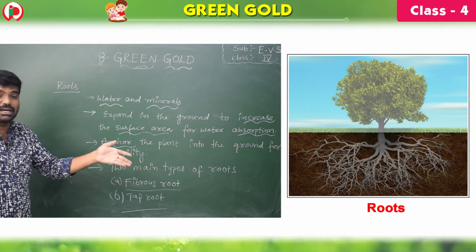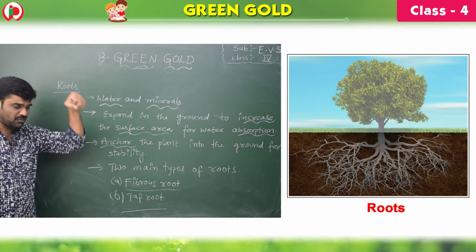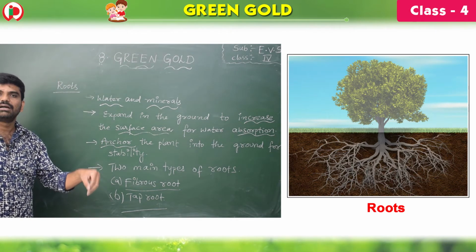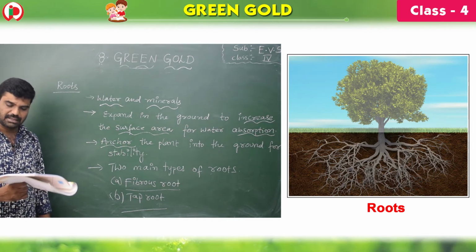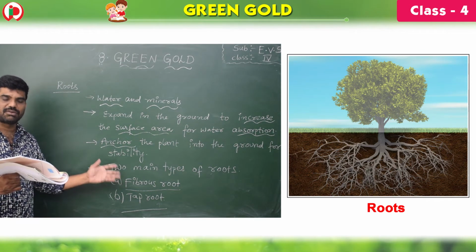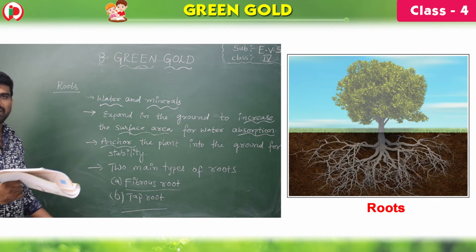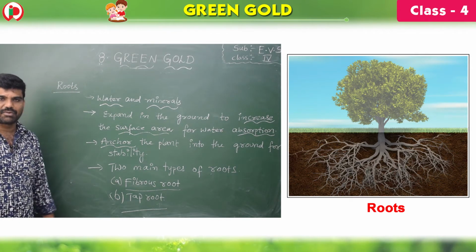And roots help the plant to fix in the proper place. The plant gets fixed in its place because of the root only. There are mainly two types of roots according to the origin of development and branching pattern: the fibrous root system and the tap root system.